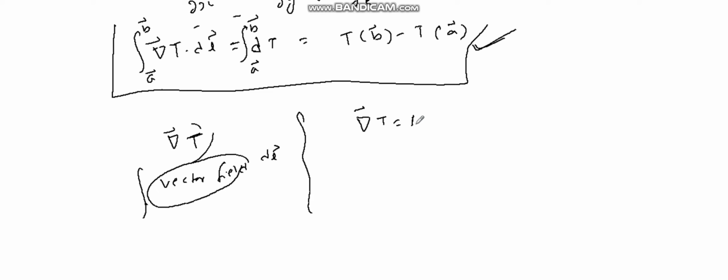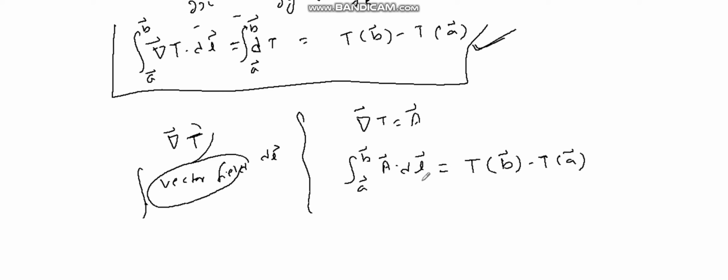Del t, let's say, is equal to a, and the line integral of that vector field a only depends upon t at b and a. So that means if we are able to write a vector field as the gradient of a scalar, then the line integral will only depend upon the endpoints a and b. So it is path independent.